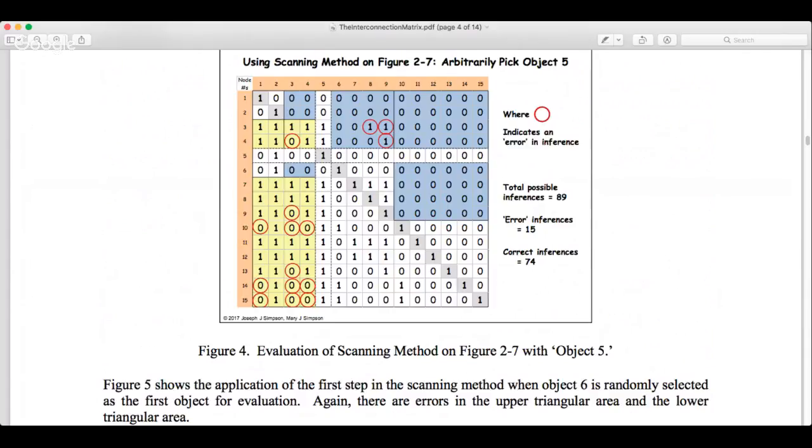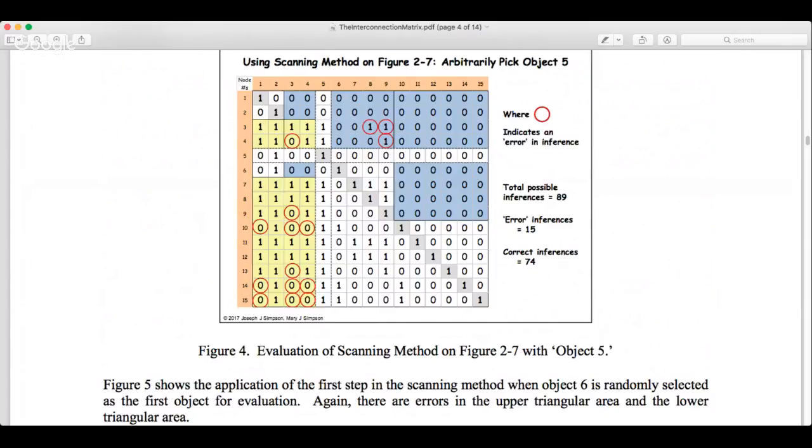If you're starting with an unknown scenario, you wouldn't know what the initial conditions are. So here we're thinking about this method using something where we know the initial conditions, and then we start mapping it. If we pick 5, then the areas circled in red indicate an error in inference, because we've got 1s up here, which we know are there, but the inference says that should be 0.